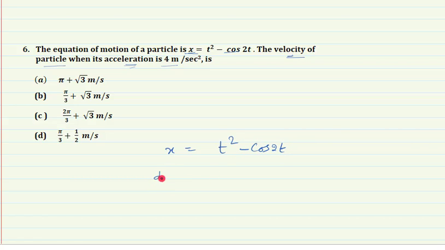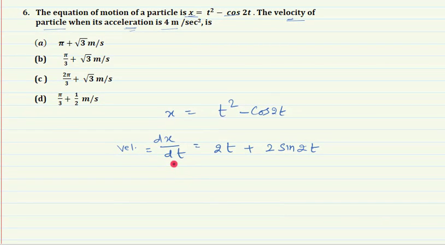So calculating dx upon dt, which is equal to 2t plus 2 sin 2t, which is nothing but the velocity. Okay, now if we calculate the rate of change of velocity, then it will be acceleration.